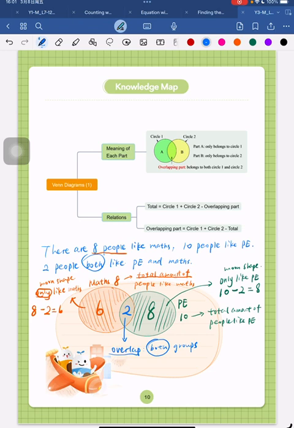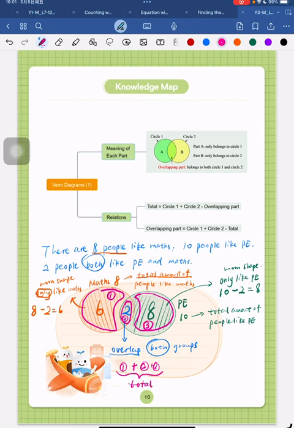And after that, we need to know the total. Here are 2 different ways to figure out the total. The first way is, we got the moon shape, that is the first part. We got an overlapped part, second. We got the moon shape on the right, that is the third part. If we add up part 1, part 2, and part 3 together, that will be the total amount of people.